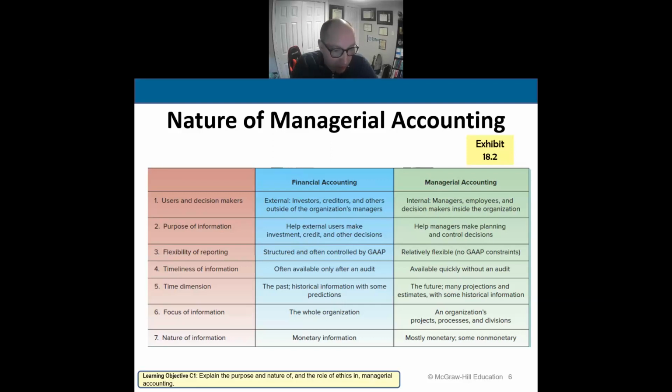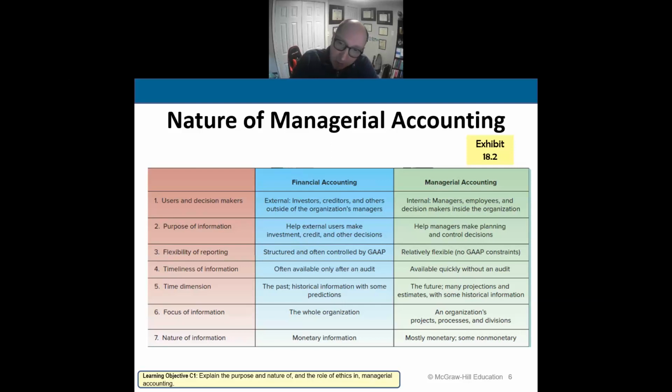In Principles of Accounting 1, the focus was on the entire organization, and we used monetary information. We didn't use non-monetary information in our decision making. That was the focus of that course, financial accounting.